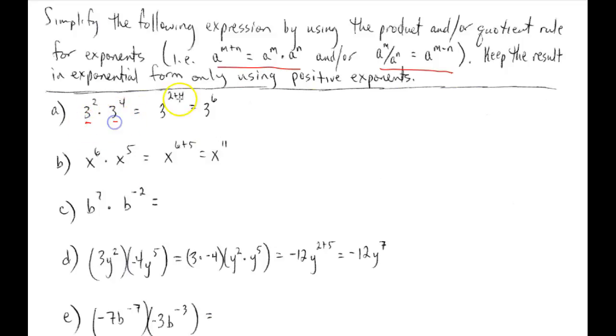Bases are the same, so we can add the exponents. For B, again, the bases are the same, so we can add the exponents whenever we're multiplying. So here, if the bases are the same, we can add the exponents. And here, plus a negative number is the same as subtraction. So we have B raised to the -5.